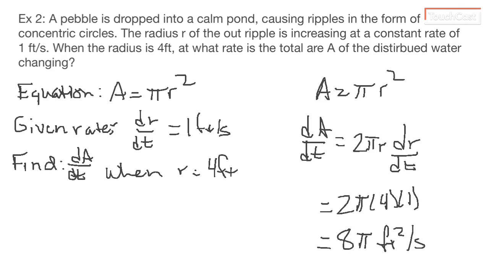That means the area of that circle caused by the pebble dropping into the pond changes at a rate of 8 pi square feet per second. And that is exactly what they asked us to find.